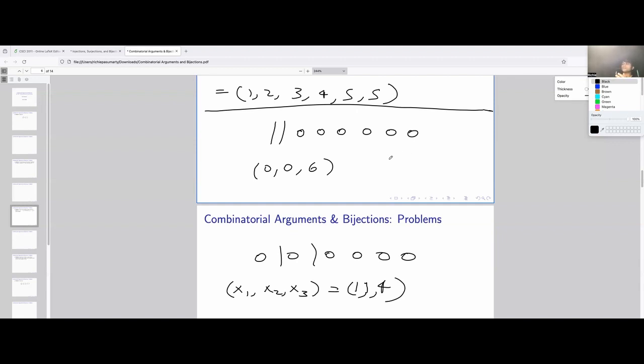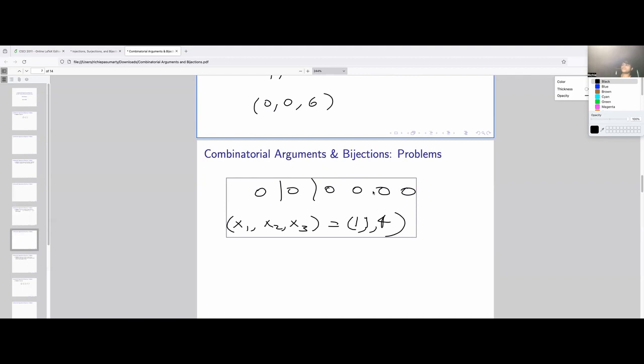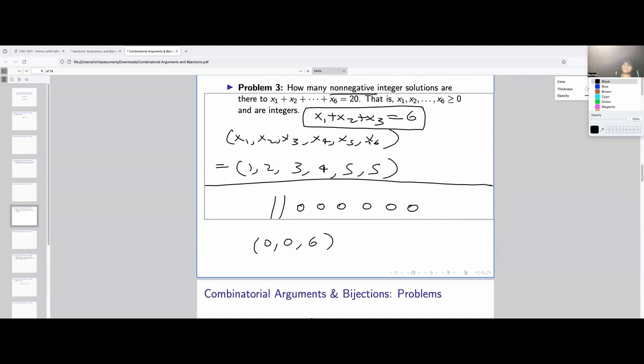So you can see that it's both surjective and injective. Every reordering maps to a solution. If I have the same reordering, it maps to exactly one solution. So it's surjective and injective, so it's a bijection.